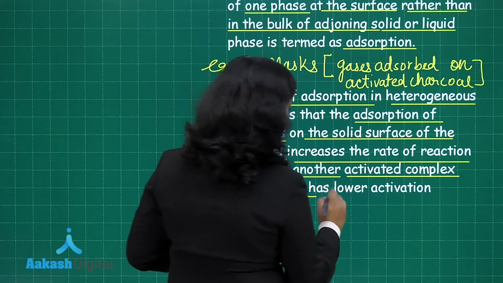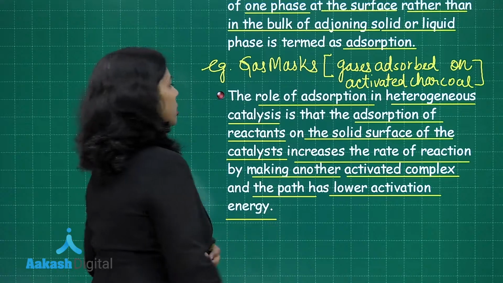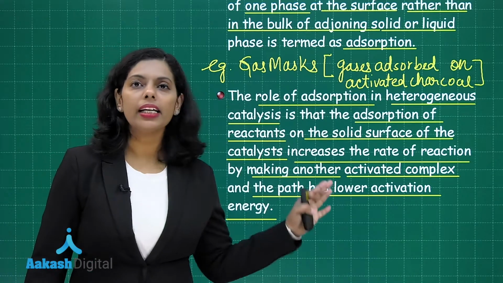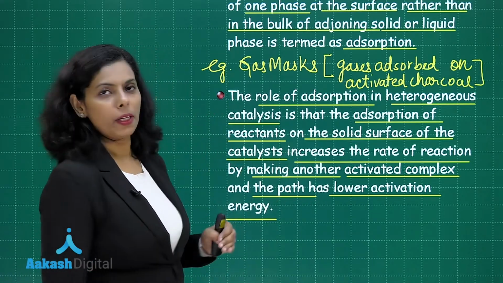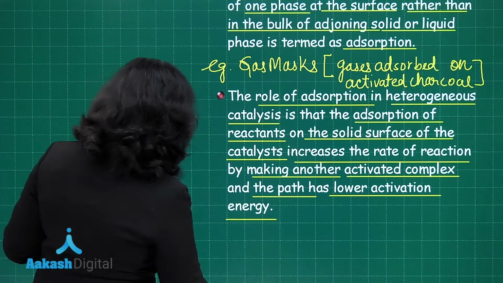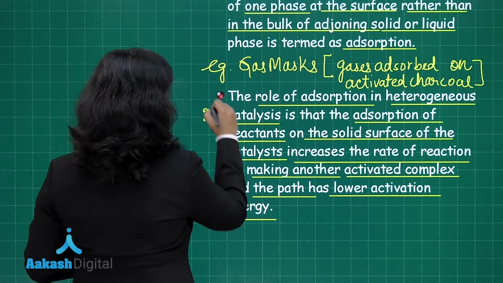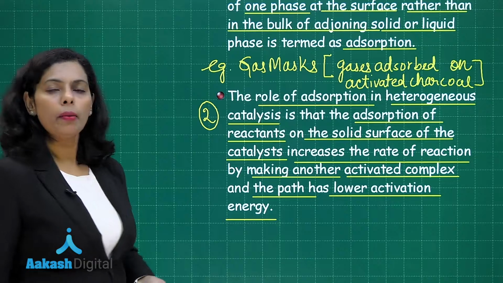So this is the path where lower activation energy is there. This is basically the role of adsorption here. I hope it is clear. This question will give you 2 marks if you do it in a similar manner.